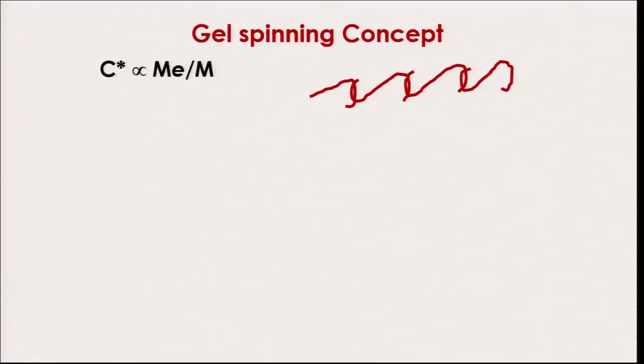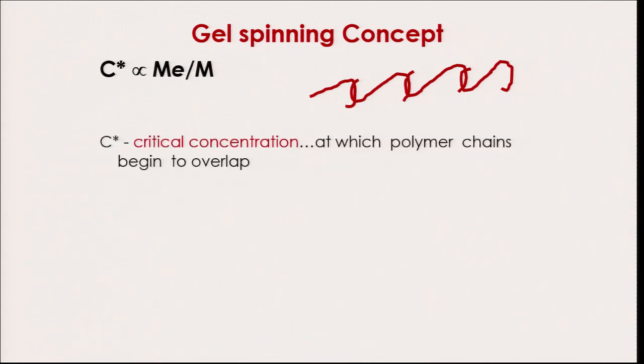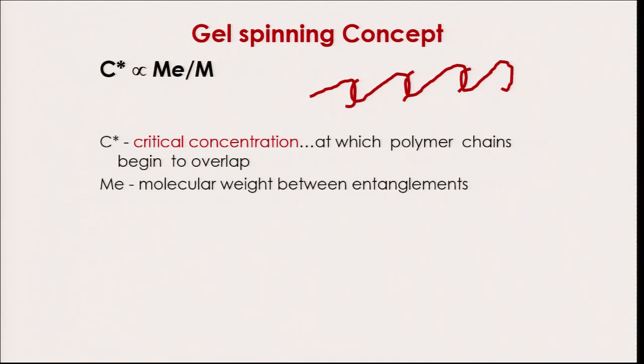That means there is just one entanglement per chain, and this critical concentration is proportional to ME divided by M. Here ME is the molecular weight between the entanglements. Entanglement molecular weight is a property which depends upon the nature of the material.